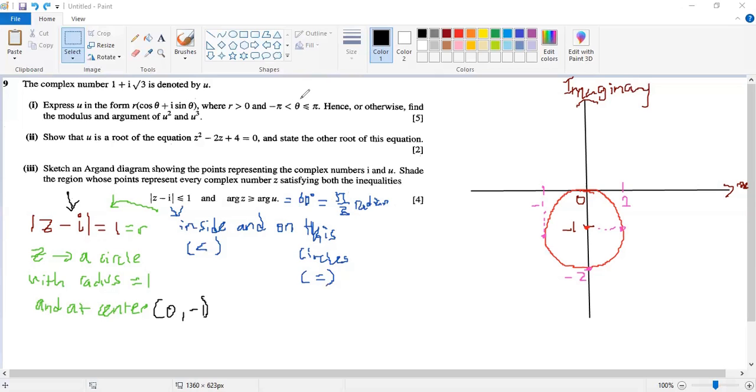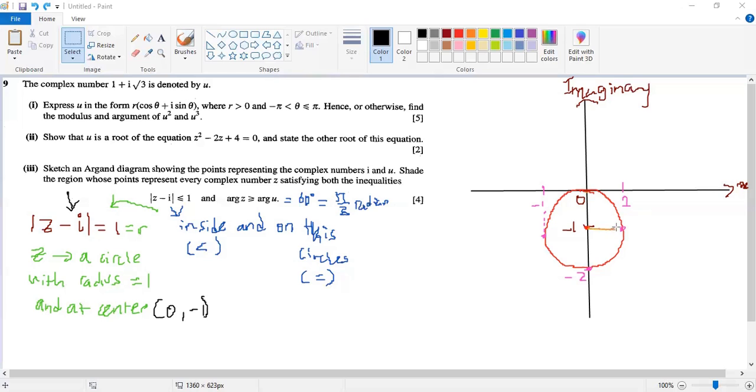So where would the region be? That's a bit of a tricky part for me. The argument being bigger than or equal to 60 degrees means, okay, let's use a different color now. We always start from here, right? The complex number takes an argument of at least 60 degrees. It starts from where to where? The center is here.